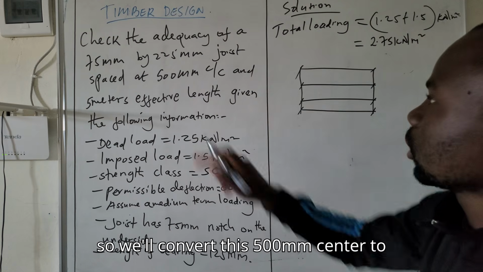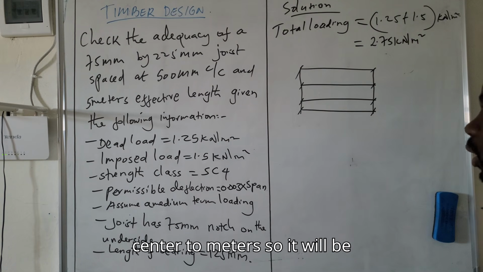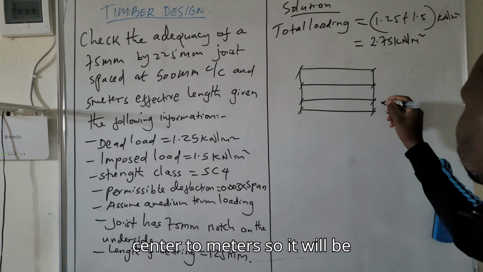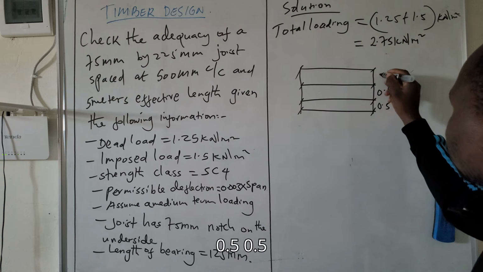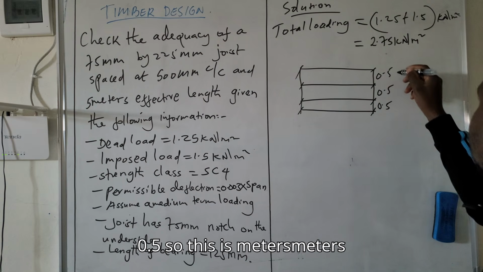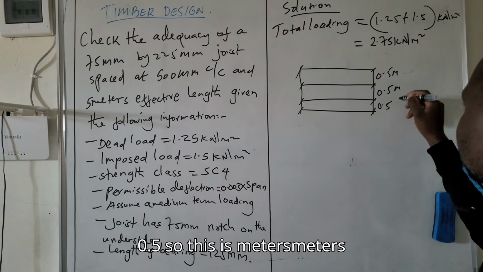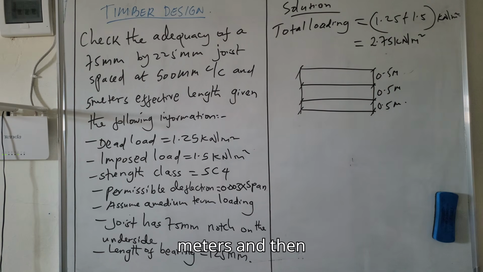So we'll convert this 500 millimeter center to center to meters. So it will be 0.5, 0.5, 0.5 meters.